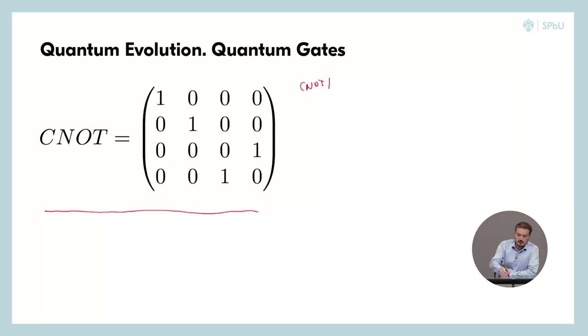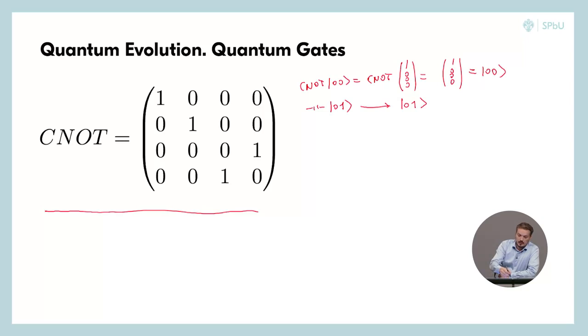So C0 of 0, 0, it's this matrix on this vector, and it's actually itself. So it is again 0, 0. With 0, 1, we will have the same result. It's mapped to 0, 1.